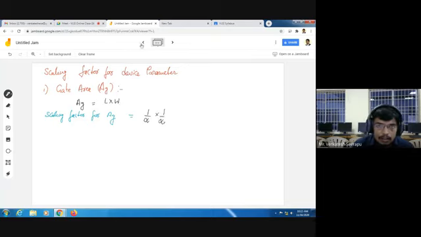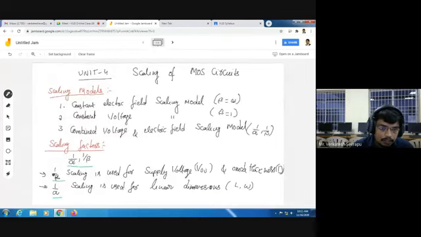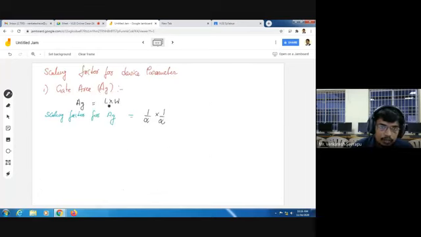Remember this, previously I made a mistake here. 1 by beta is the scaling factor for VDD and oxide thicknesses, whereas 1 by alpha is the scaling factor for linear dimensions like L and W. For gate area, the formula is L into W. So 1 by alpha into 1 by alpha is 1 by alpha square. So the scaling factor for AG is 1 by alpha square.